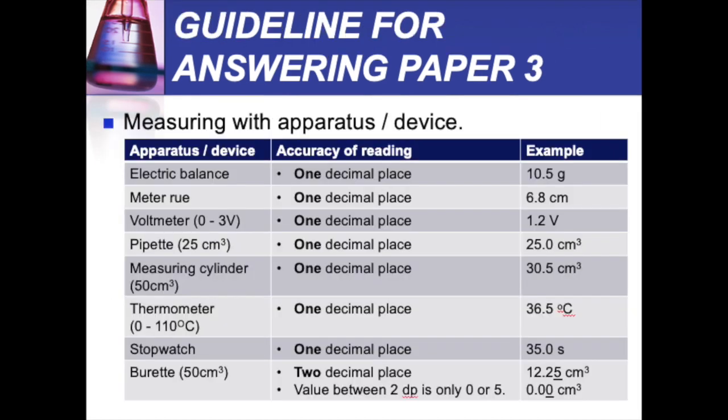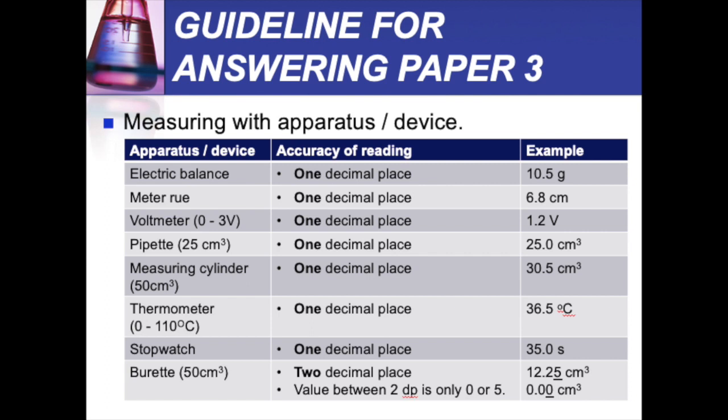Before we move on, let us have a look at this table. These are the well-known apparatus that are normally used in chemistry questions. We need to focus on the accuracy of the reading, especially when you are going to jot down the answer in your structure paper. A mistake that is always made by students is the burette reading.